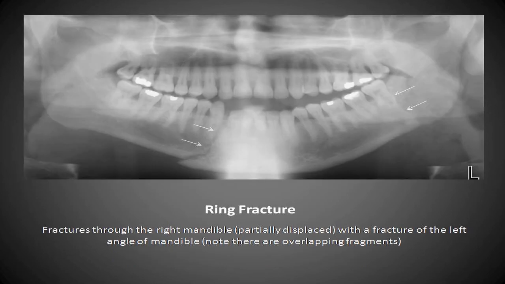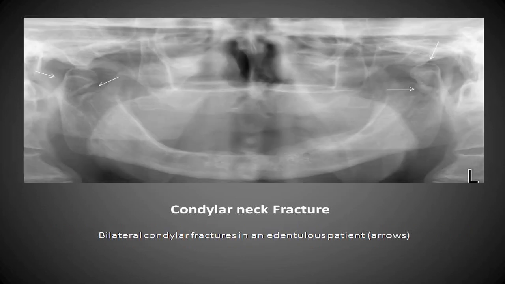Then another important usage of the orthopantomograph when it comes to the mandible is assessment of trauma, that is fractures, and here again it's a demonstration of how a fracture of the mandible in the anterior region is demonstrated in the orthopantomogram. Condylar neck fracture, like I told you prior, we can use the orthopantomograph in relation to the condyle for two reasons.